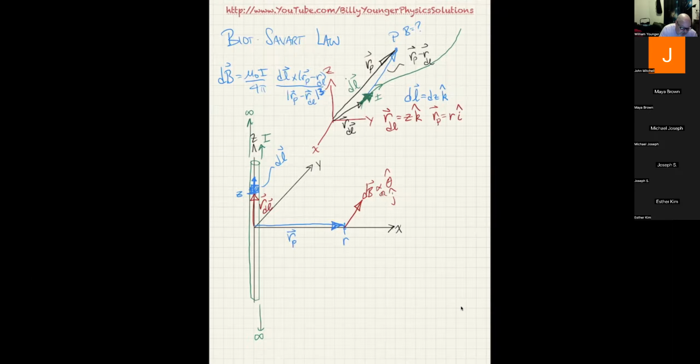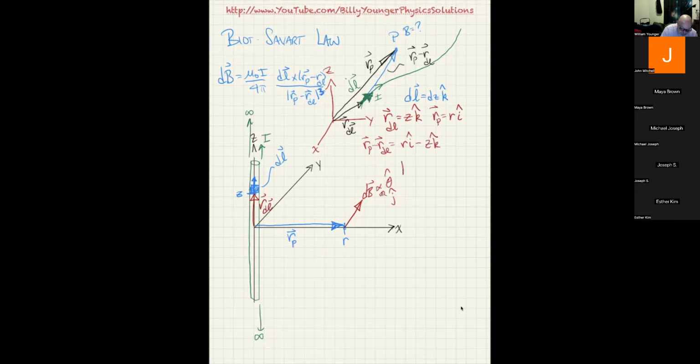So the last part I need for my formula is r_P minus r_dL and then its magnitude. y'all should be able to work this out on your own right now, even before I do. You should get that that's r i hat minus z k hat.